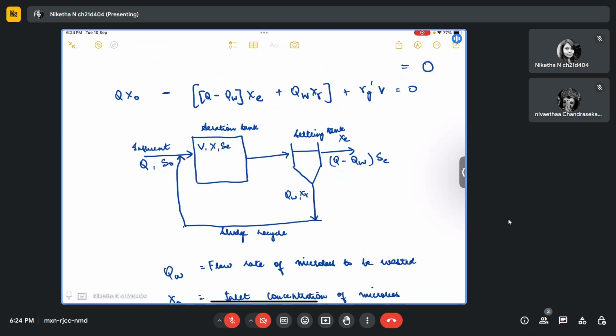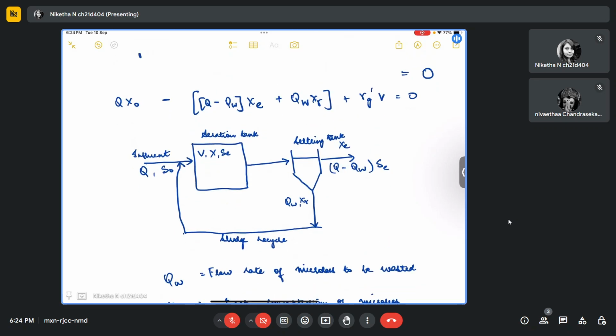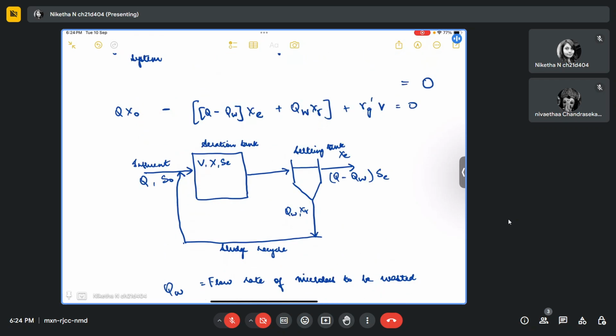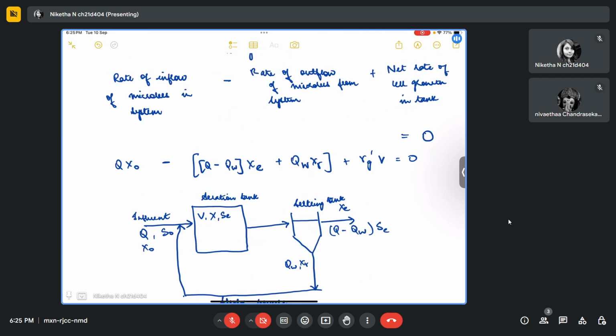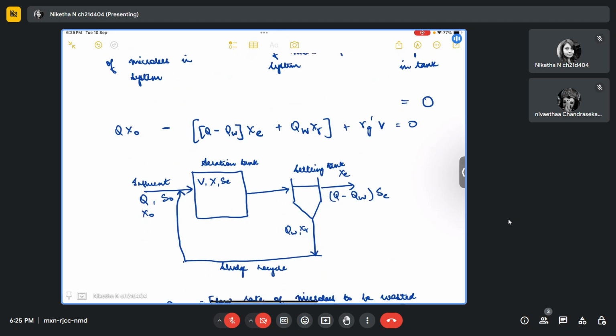So now I think we can relate to this equation. Q is the inlet flow rate, multiplied by X naught, which is the inlet concentration of the microbes, minus (Q minus QW) into Xe, which is whatever goes out through the outlet. This is actually the equation for microbial mass. So the mass in the inlet minus this term, which denotes the mass going out through the outlet, and this will be the mass that is getting recycled.